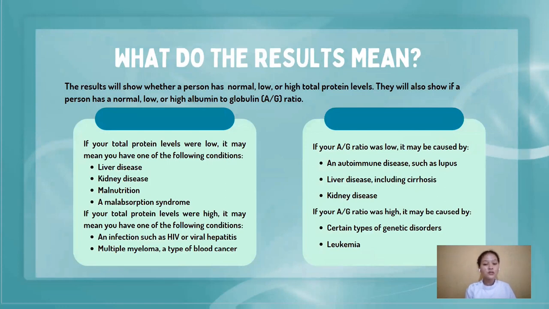Moreover, if a person's A/G ratio was low, it may be caused by an autoimmune disease such as lupus, liver disease, including cirrhosis and kidney disease, and if a person's A/G ratio was high, it may be caused by certain types of genetic disorders or leukemia.